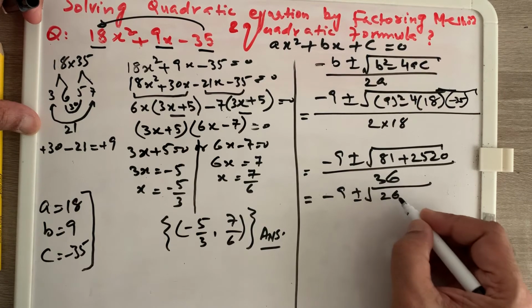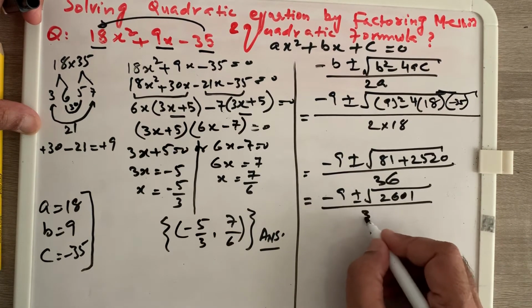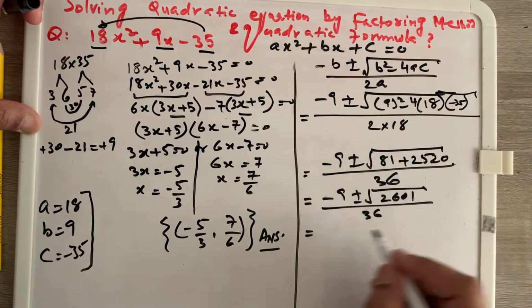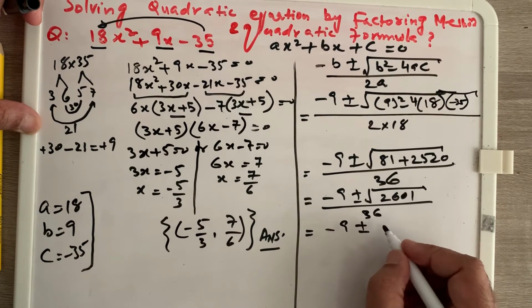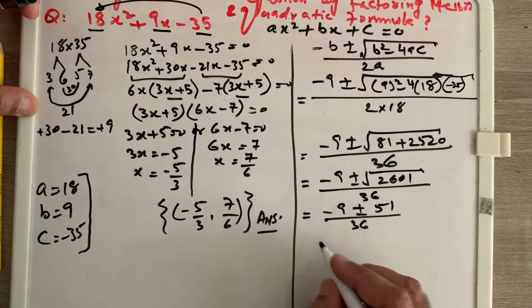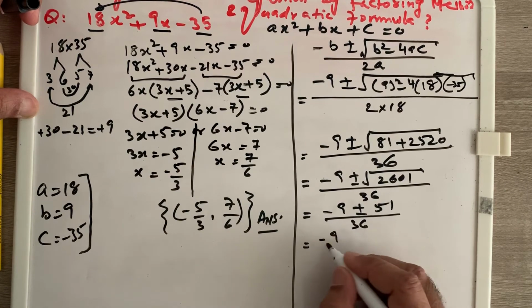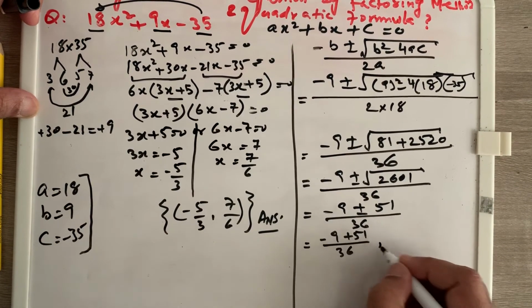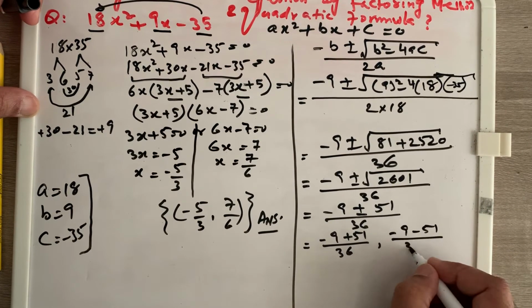This brings us 2601 divided by 36. And if I take the square root of 2601, it gives me 51 divided by 36. So I can write one with minus, one with plus: minus 9 plus 51 divided by 36, and the other solution will be minus 9 minus 51 divided by 36.